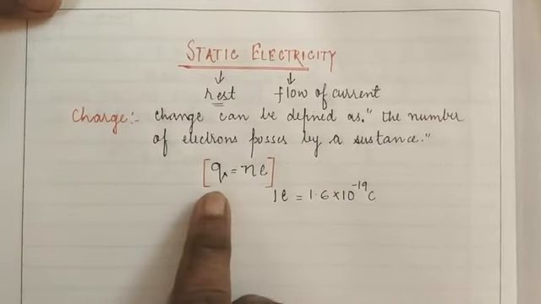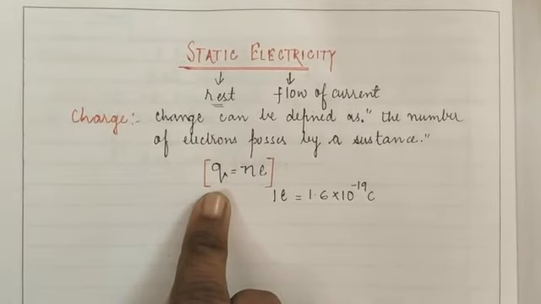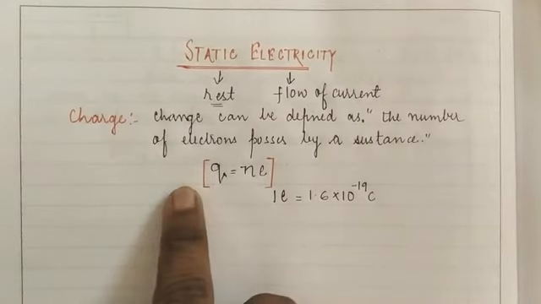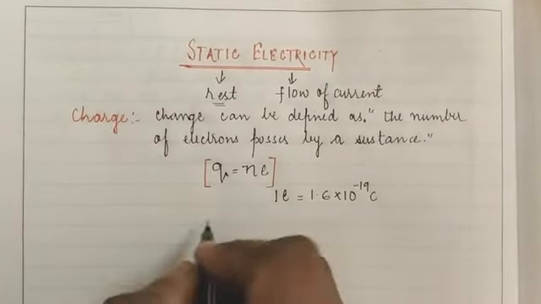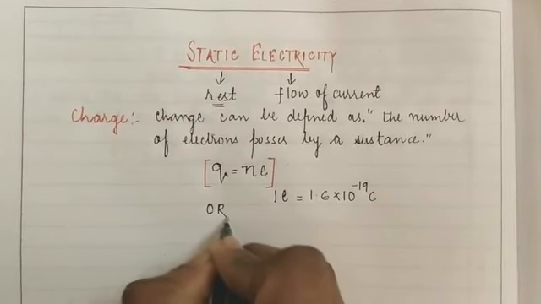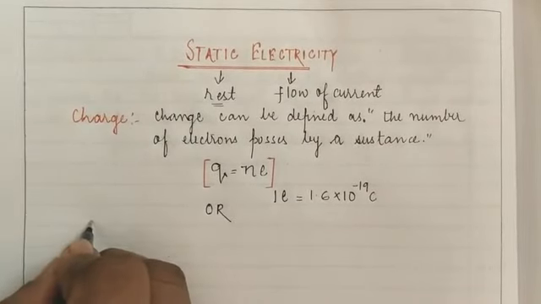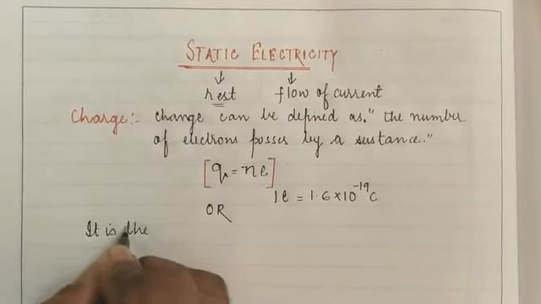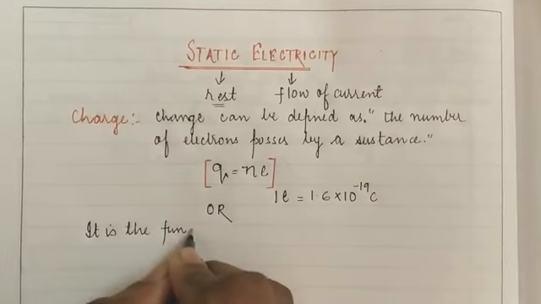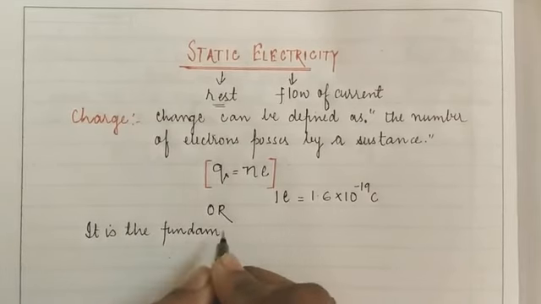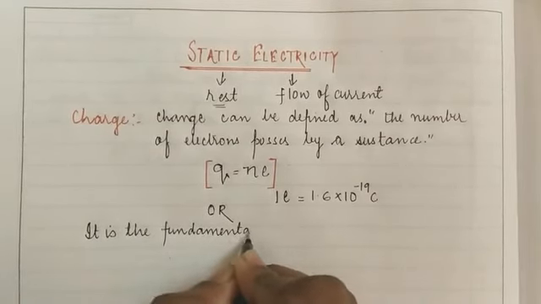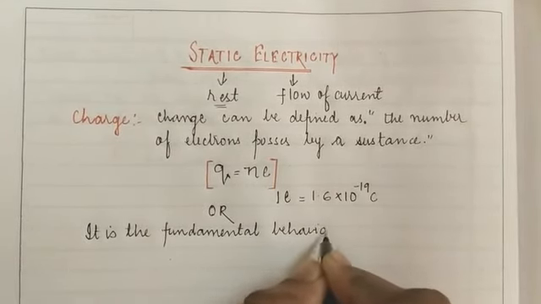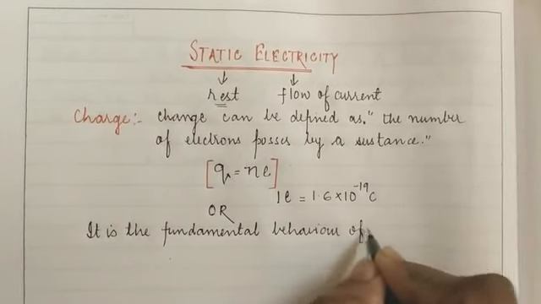Okay students, so charge is nothing but a number of electrons, or in one word, we can say that it is a fundamental behavior of a particle. Charge can also be defined as the fundamental, meaning basic, behavior of the particle.